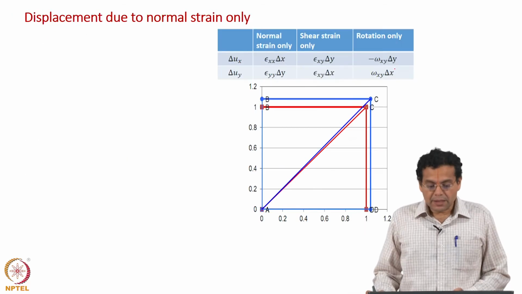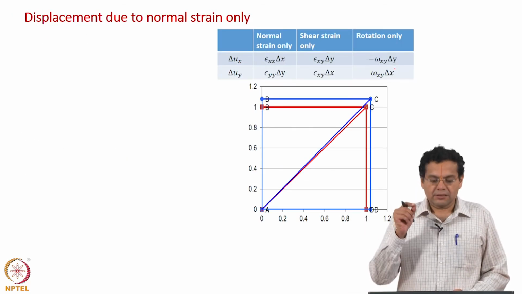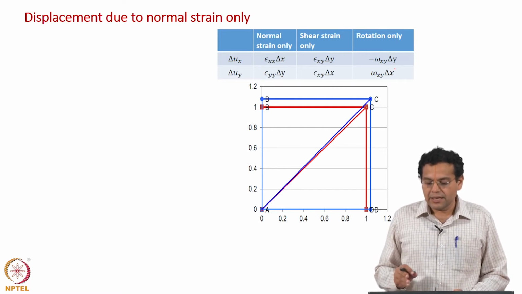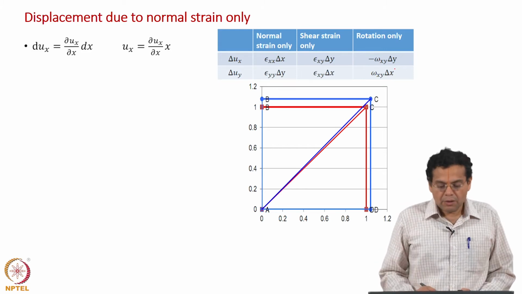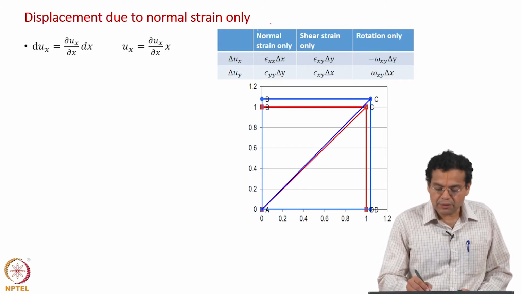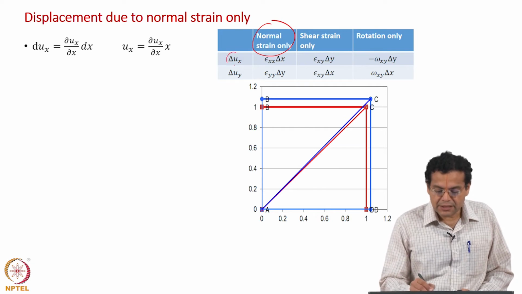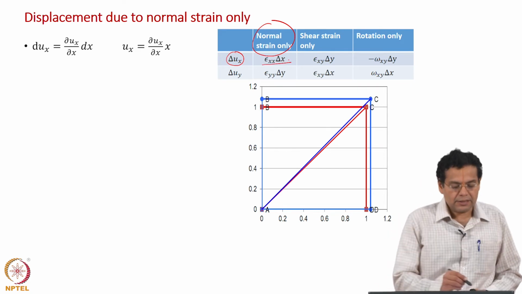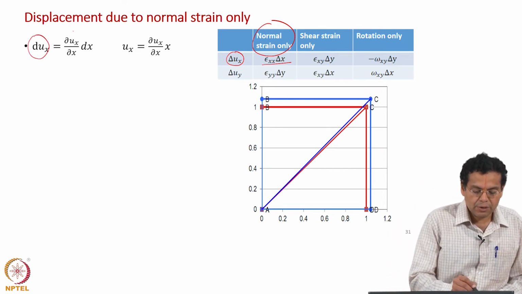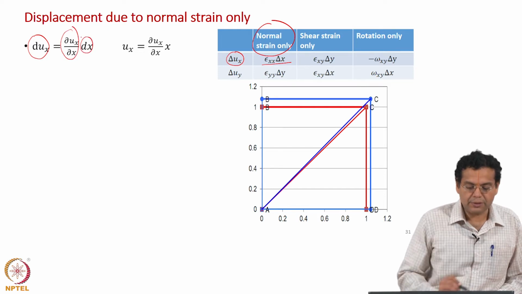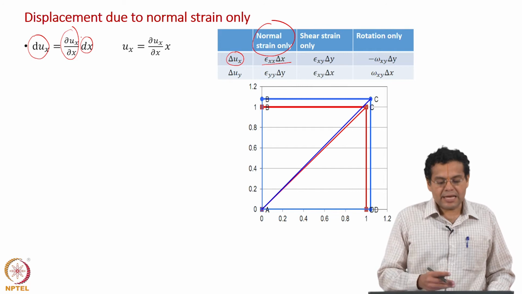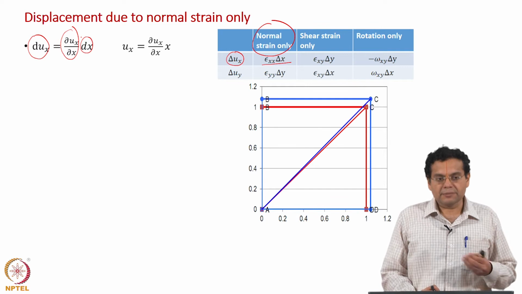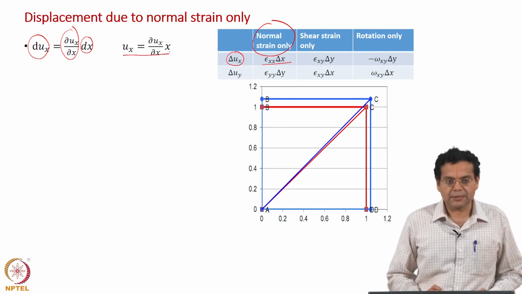Okay. Now, what we will do, take normal strain alone, shear strain alone, rotation alone, and see how the displacement happens. Okay. When we consider normal strain only, the differential displacement is equal to epsilon x x into delta x, and that is what is written here. du x is equal to dou u x by dou x into dx, and as we have discussed earlier, difference in displacement becomes displacement, delta x becomes x, and so we get this simple expression.